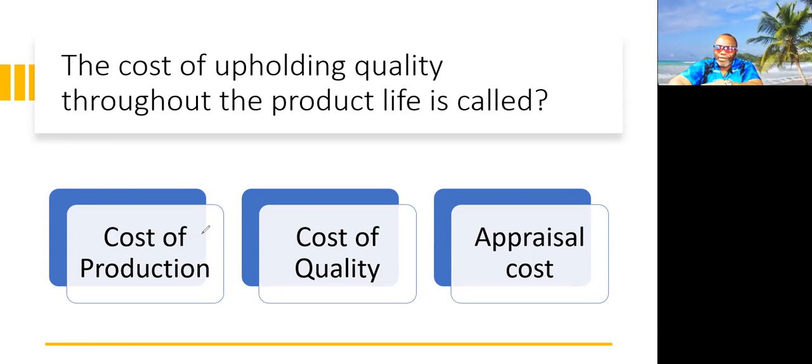The answer is not cost of production, and it's not appraisal cost, because appraisal cost is also included in this one called the cost of quality, which is the correct answer. So the cost of quality is the life of the product. We're talking about the quality throughout the product life and the cost of upholding that. Just like warranty work, it's part of the product life, and so on and so forth.